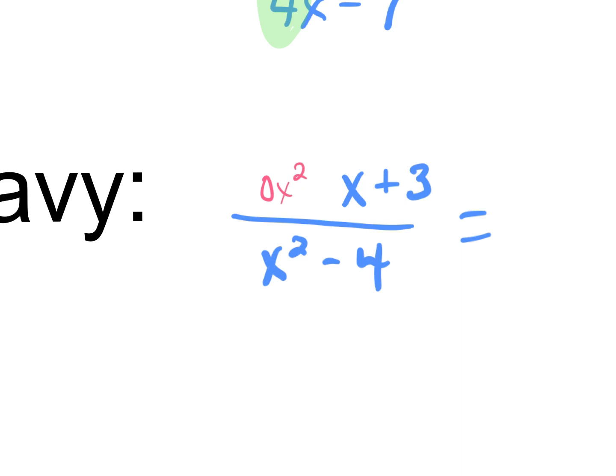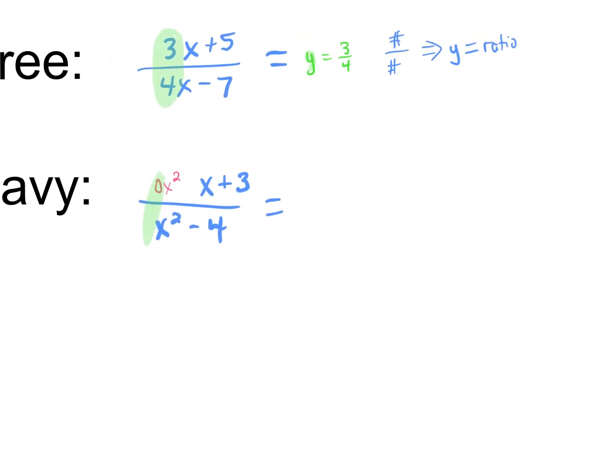And now if we compare these leading coefficients, if you think about it, then if we're bottom heavy, it's always going to be of the form 0 over some number. And we know that 0 over some number is equal to 0, and so what that's telling us is that the horizontal asymptote will be at y is equal to 0.